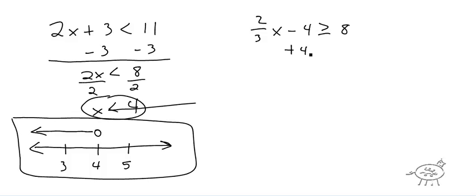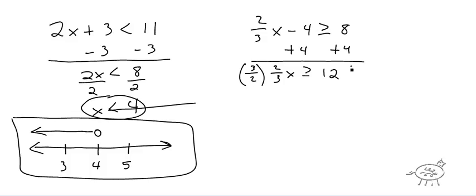So I'm going to add 4 to both sides. So I get 2/3 x is greater than or equal to 12. And remember, to get rid of a fraction, you multiply both sides by the reciprocal of the coefficient in front of x. So I'm going to multiply both sides by 3/2.